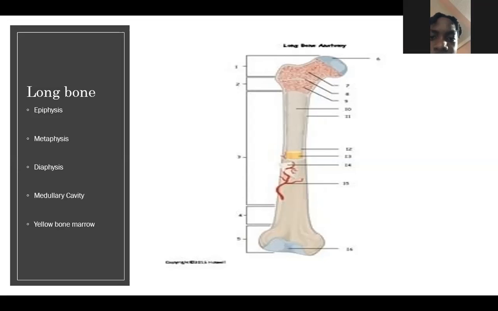That's 12. Yeah, 12. And the yellow bone marrow. I think that is 23 at the bottom, if I see it properly.